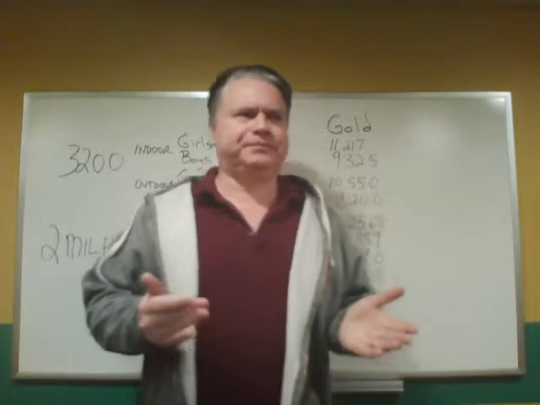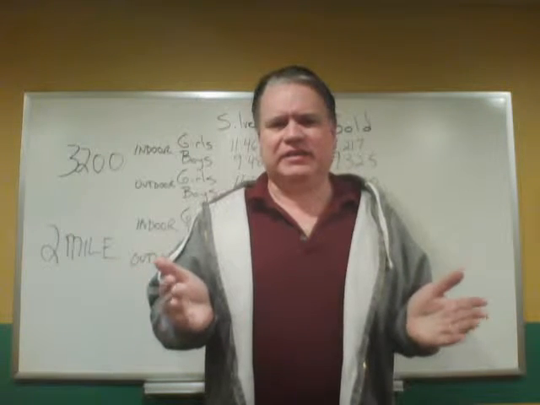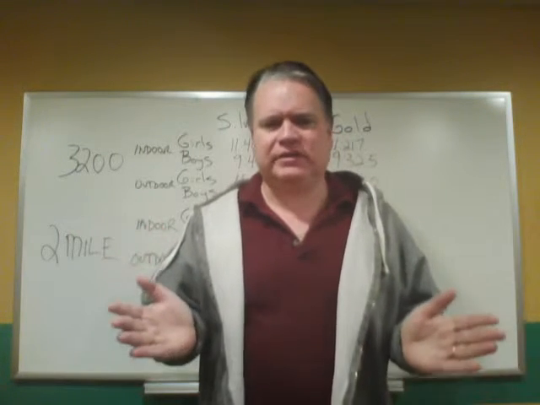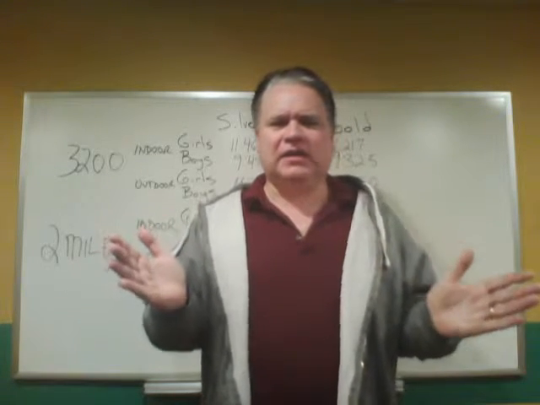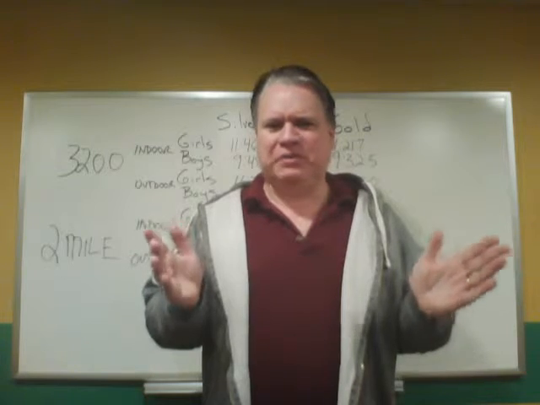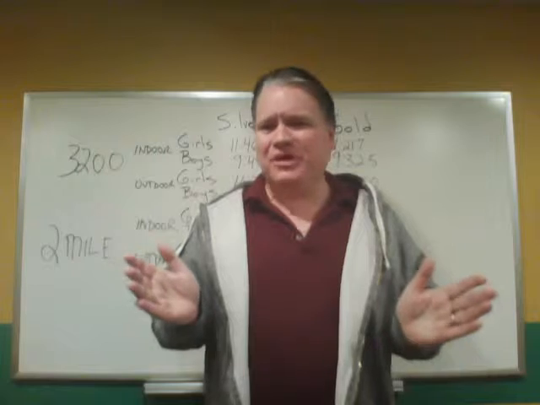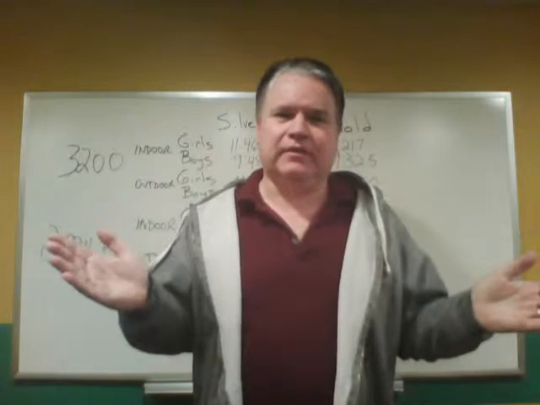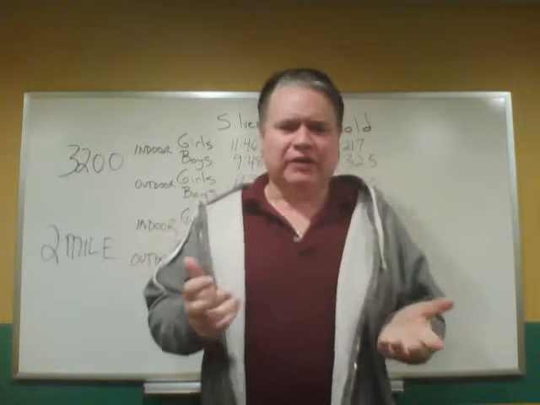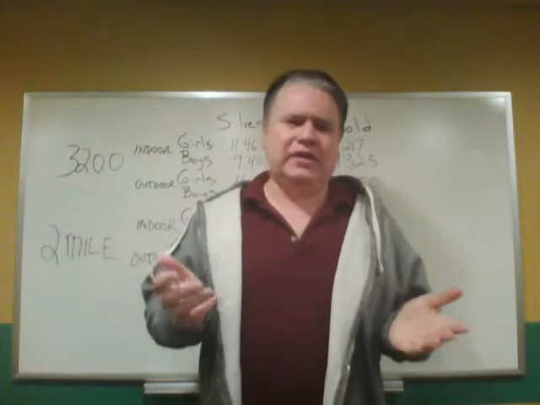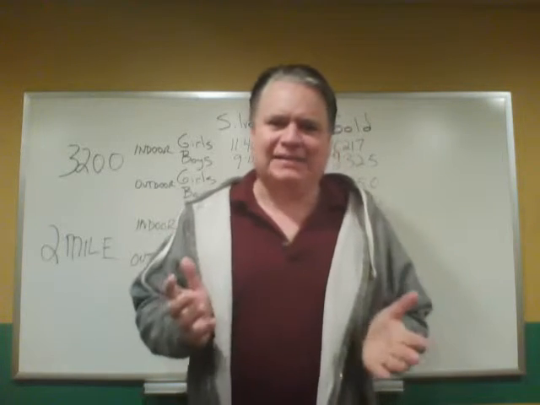Now, that's one of the things about the 3200: it's such a slow race that there's really no need to push the panic button if you're a runner in that race at any point, really, except maybe the very end. In terms of passing runners in the 3200, wow, you've got a lot of time in that race to get up and pass somebody.